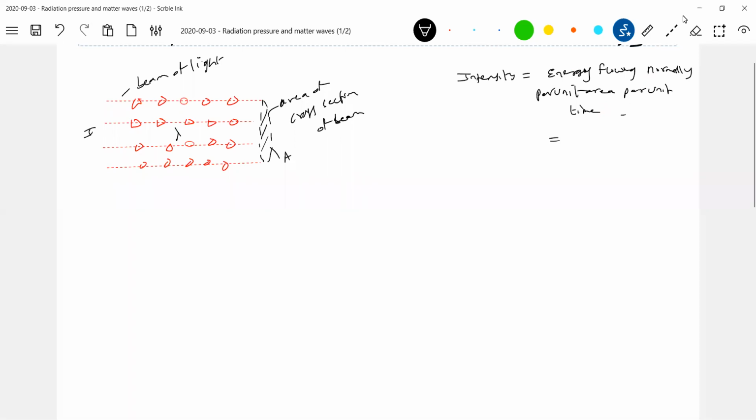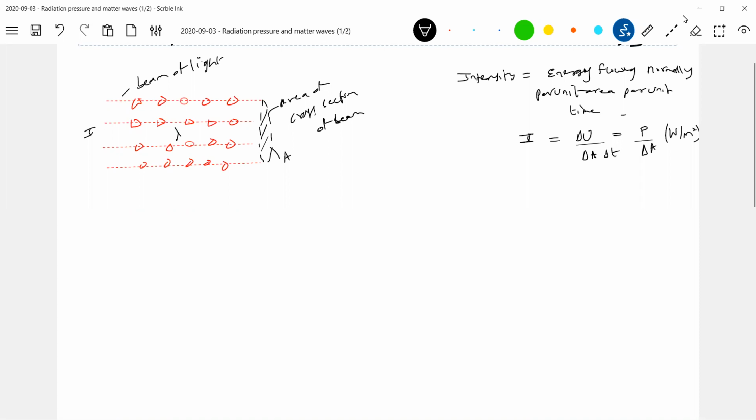That is the basic definition. Energy flowing per unit time is what we call power, and the power should flow normally through the surface. So power flowing normally per unit area becomes intensity. Strictly, flowing normally is very important. I think we already came across this in waves and sound, where we define intensity as energy flowing normally per unit area per unit time.